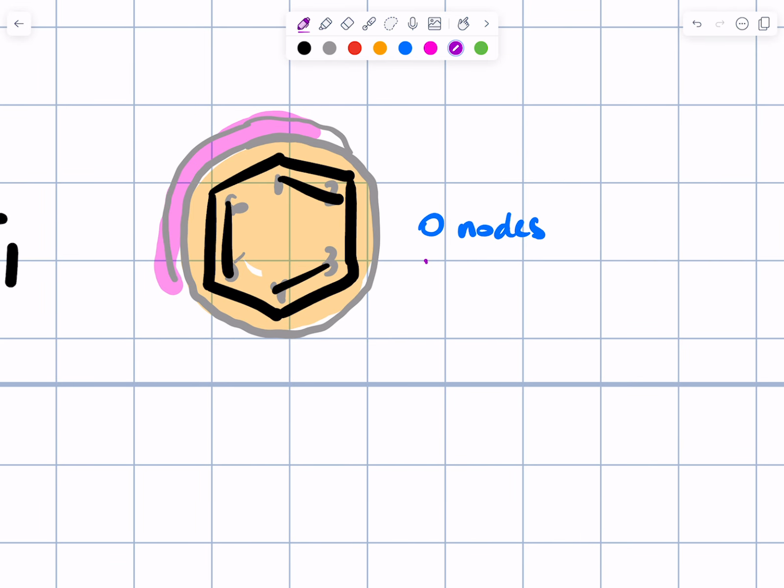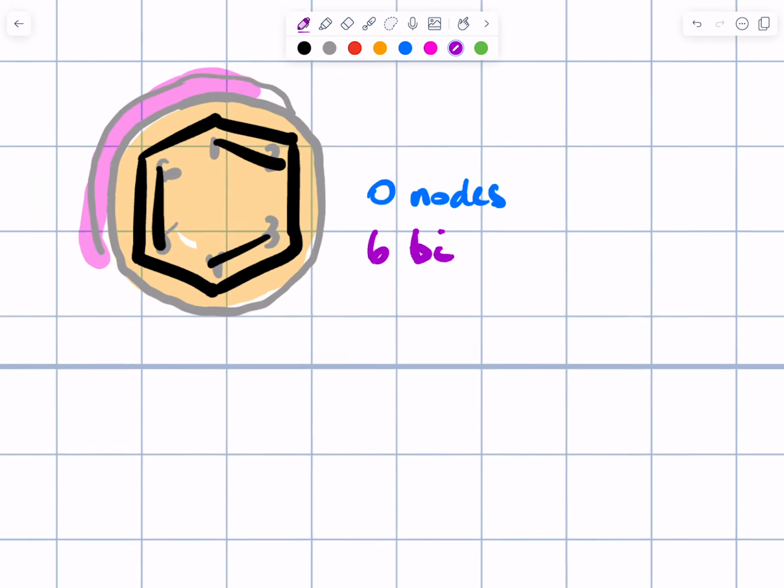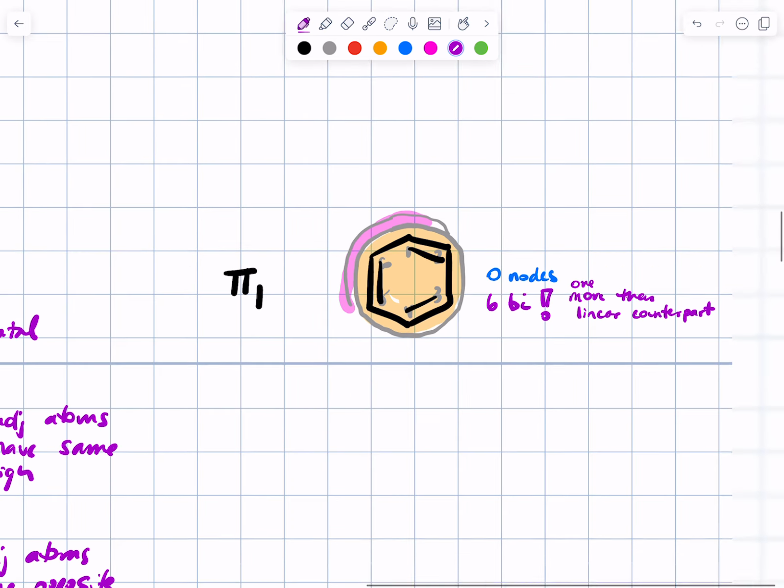So 6 bonding interactions. The fact that benzene is cyclic allows us to pick up 1 extra bonding interaction. 1 more than the linear counterpart, 1,3,5-hexatriene. So that's some of the special stability that comes with benzene.